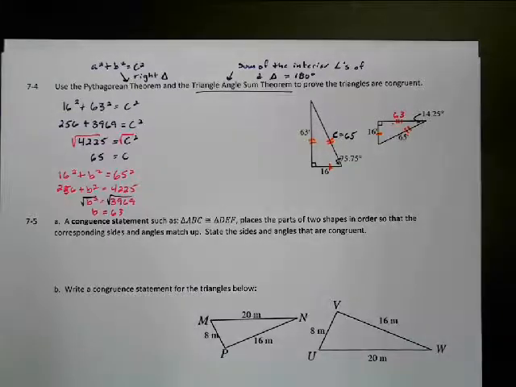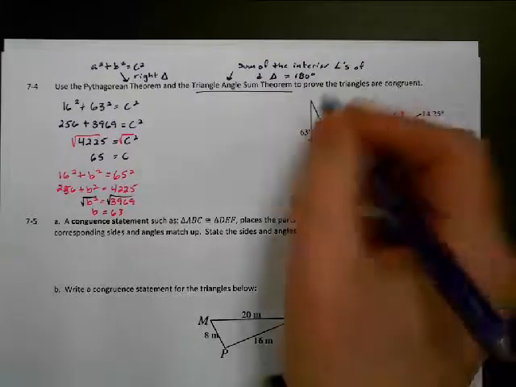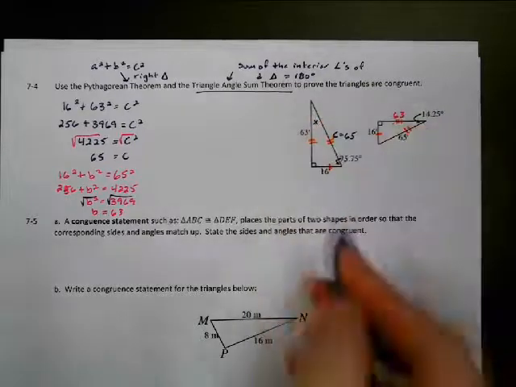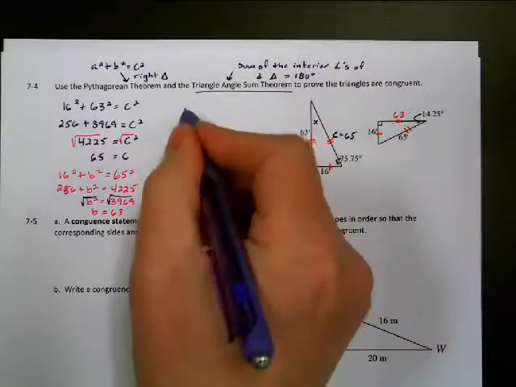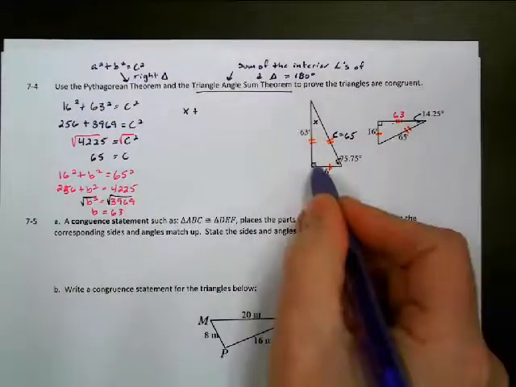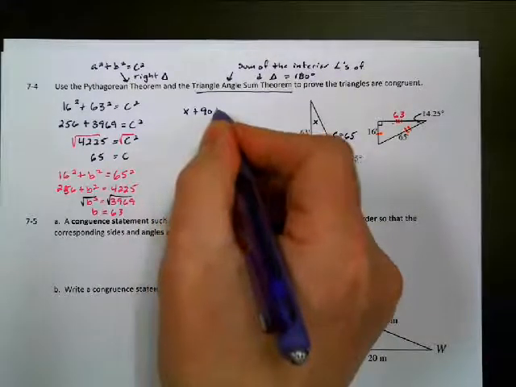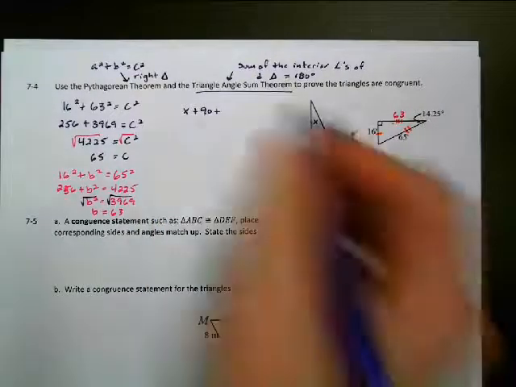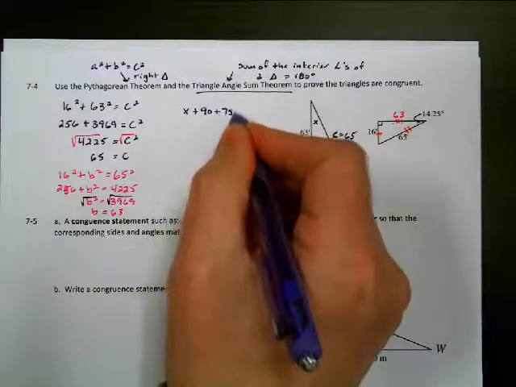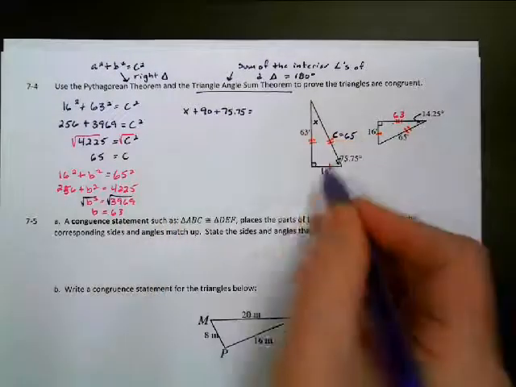So we're going to say x plus 90 plus 75.75. Those 3 angles, according to the Triangle Angle Sum Theorem, have to be equal to 180 degrees.